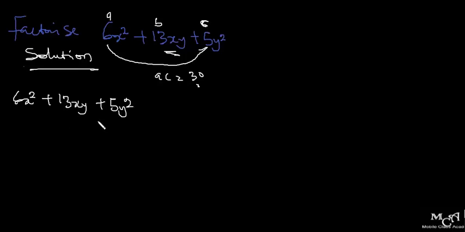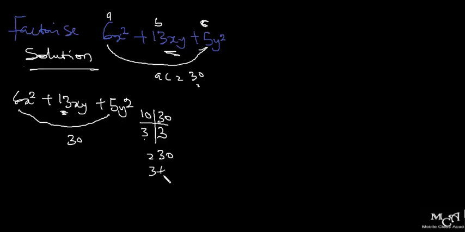We've gotten our AC to equal 30. So what are the values that when added will give us this b? Let's go to our AC, 30, right? What can go in 30? Let's do 10 and 3. 3 times 10 will give us 30, right? 3 plus 10 will give us 13.